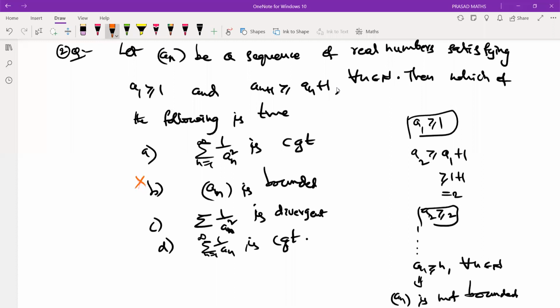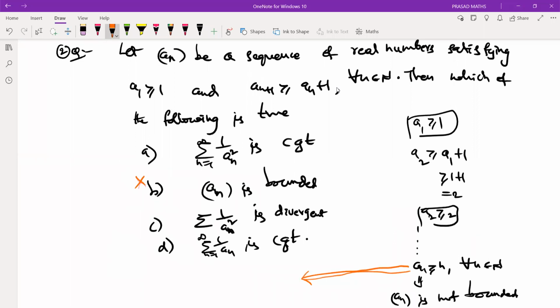So next, look at the third option. We have shown by the given hypothesis a_n is always bigger than or equal to n for every n. That means a_n is positive. Yes or no?